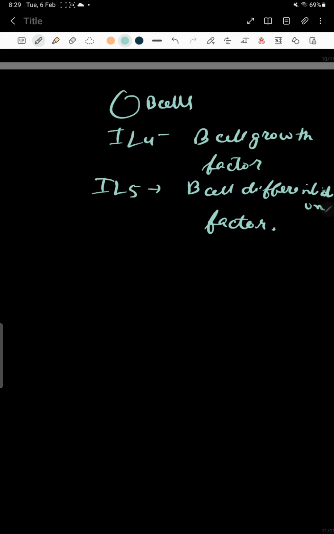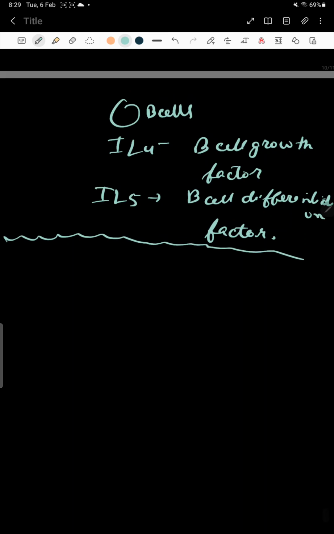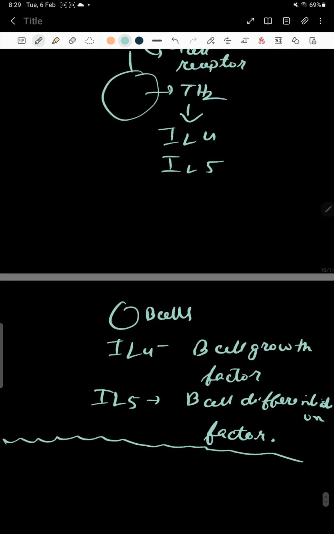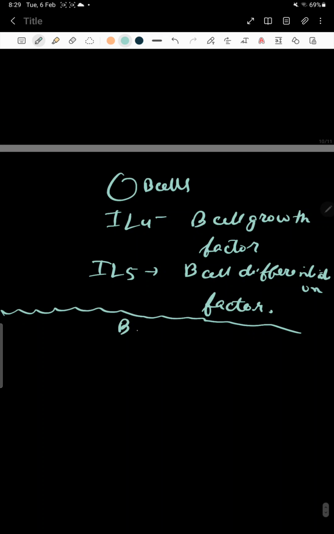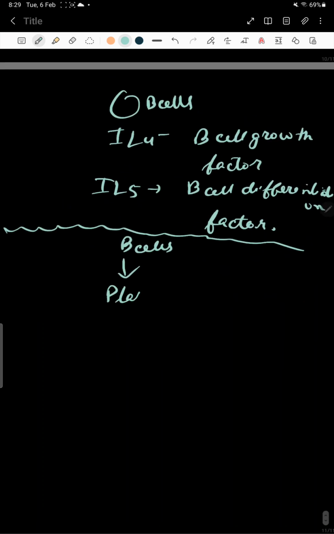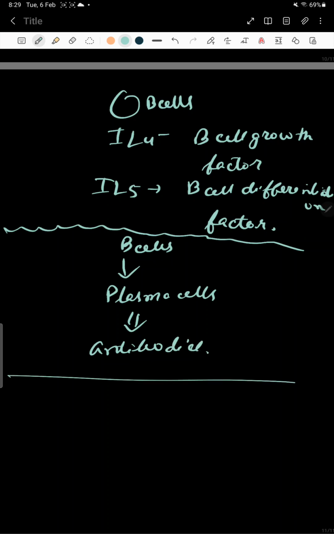So this B cell will get transformed into plasma cells, and these plasma cells will produce antibodies. This was the Th2 type of response.